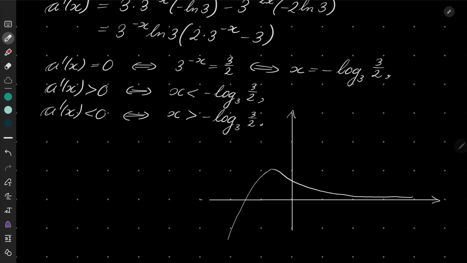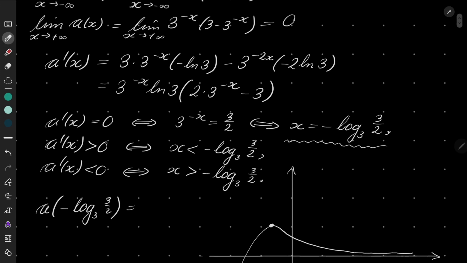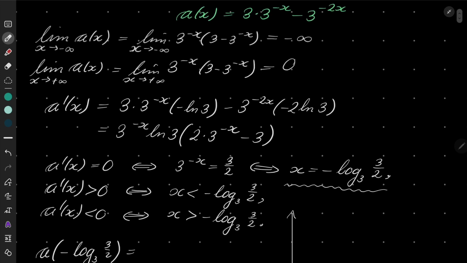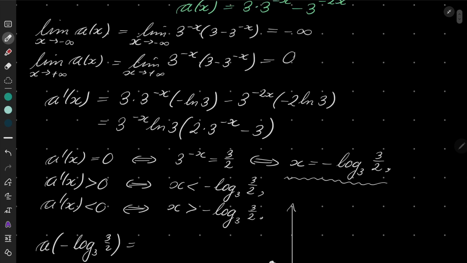So what's one last thing? What's this maximum? Well, the maximum happens when x equals minus the base-3 logarithm of 3/2, and a at this number we can put into our formula for a.